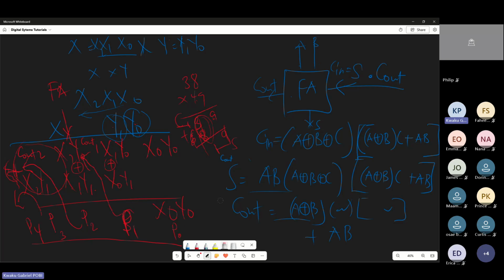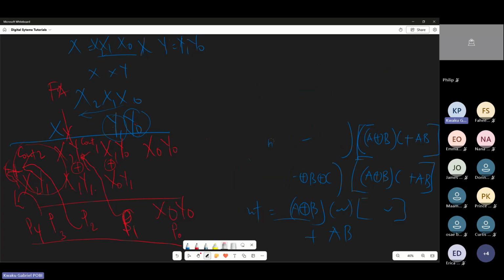So now, in drawing the circuit for it, you are not supposed to use the XOR gates and all those things. No, you just have to represent them with black boxes. He knows that you know that you are supposed to get a sum and then a carry. So you don't need to really worry about writing the expressions for it. So here, you can draw your signals like this.